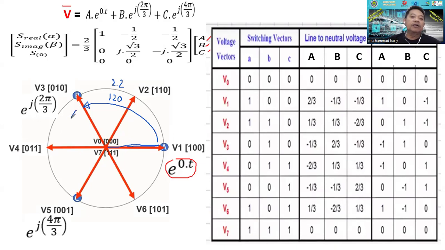If we move to the next position of C, the vector is E, e to the power j 4π/3. And the last one goes back to the position from the start, the initial condition, going to the E.